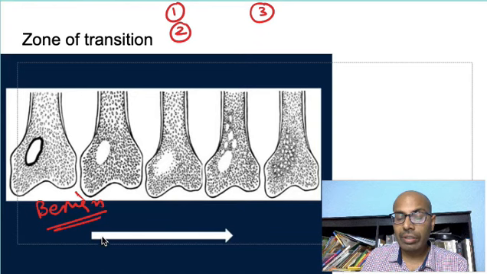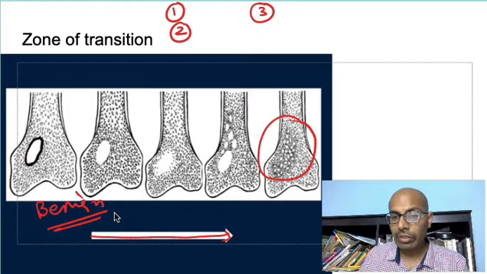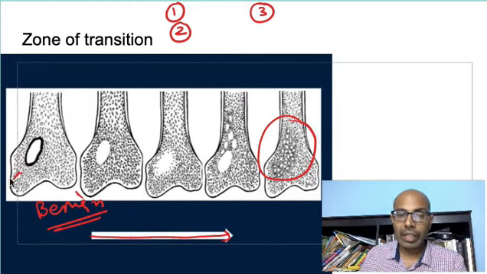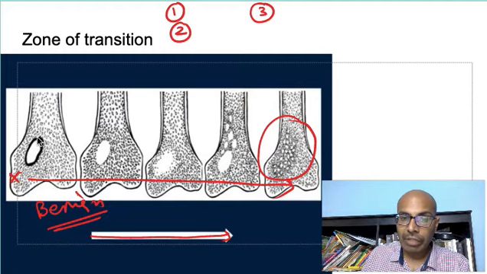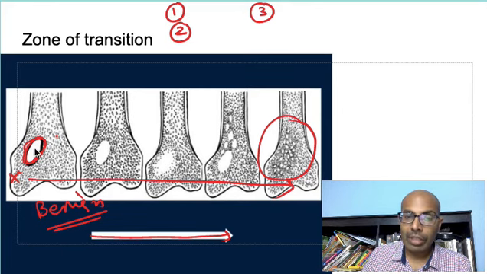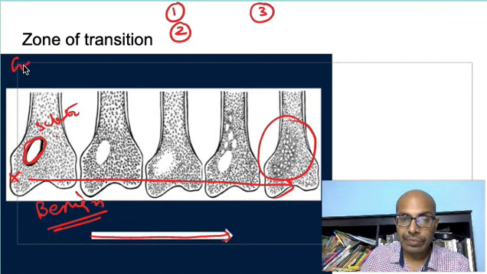When you see this arrow mark here, there is increasing malignancy or increasing aggressiveness of the tumor when you go from this end to this end. This is the least malignant tumor, where the body has walled off the tumor, and the junction between the normal bone and the tumor is very well demarcated with a sclerotic margin. It's also called a geographic lesion.